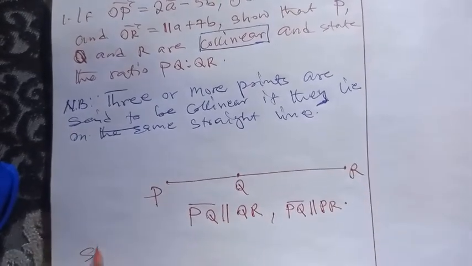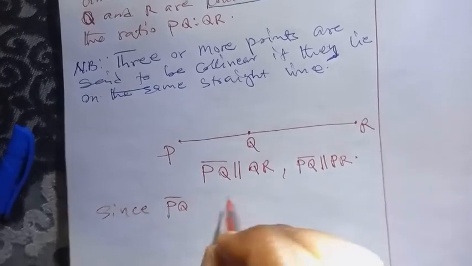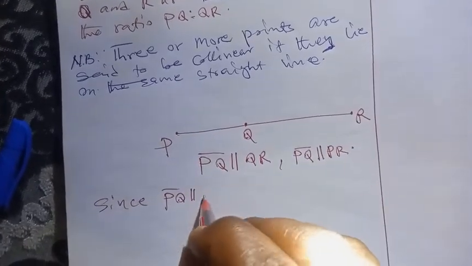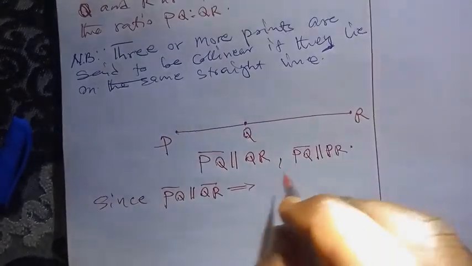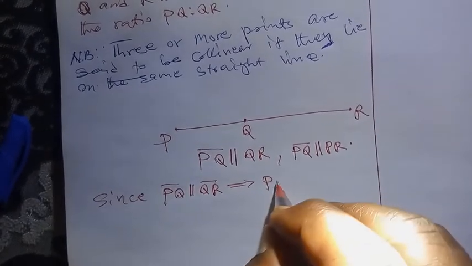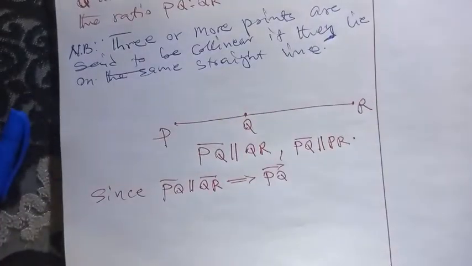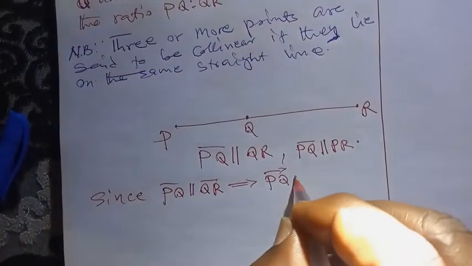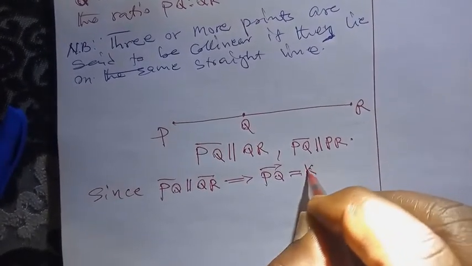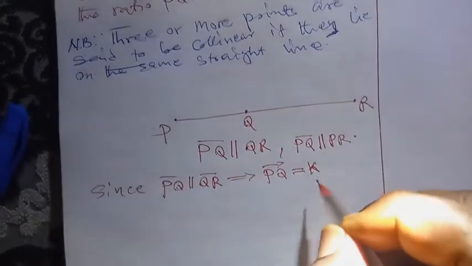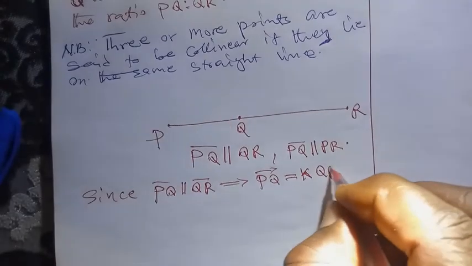Since line PQ is parallel to QR, the vectors they form imply that vector PQ, you can see the arrow now to indicate that it's a vector, must be equal to some number, if I like, I use lambda, times QR.